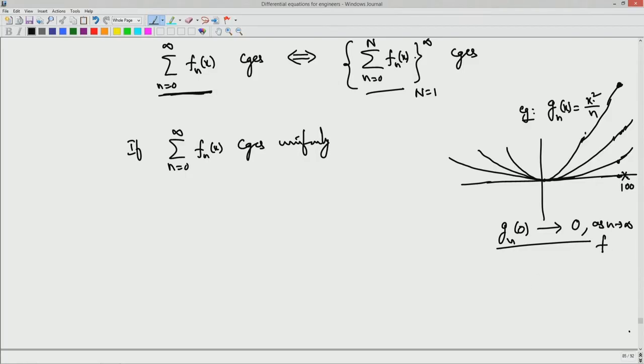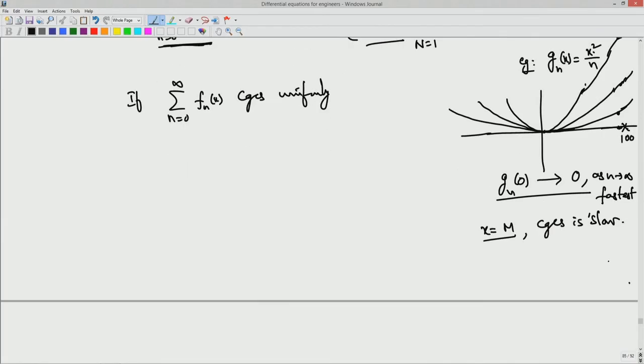Okay. So here it is fastest at 0, and at x equal to some big number, let us take some big number m, the convergence is slow. If I take it to infinity, it is really a very big number, so the convergence becomes slower and slower.